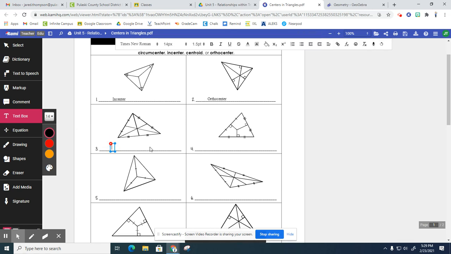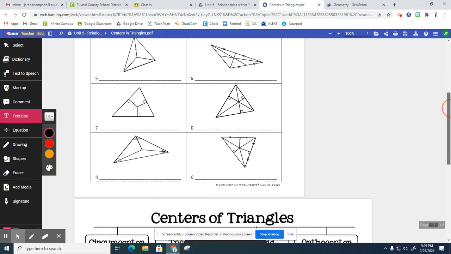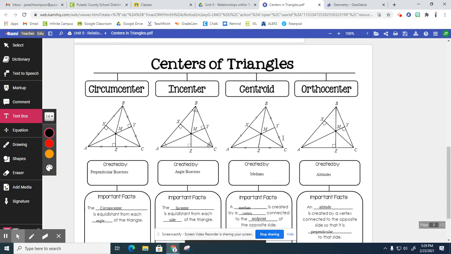Let's look at this one. I'm looking at the markings, and I'm noticing that the sides are cut in half. The only ones that have sides cut in half are circumcenter and centroid. But notice that the circumcenter, when it touches the side, has to be perpendicular.